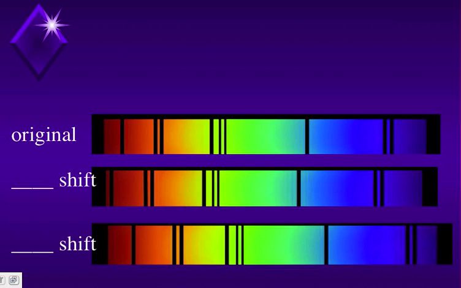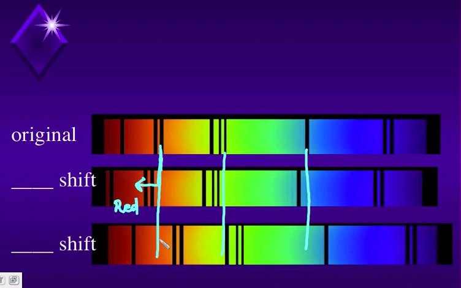Okay, so you have a little challenge there on the bottom. You've got the original spectrum at the top. Do what we did and trace down and see if you can determine which direction these stars are moving based on their shift. Again, here, this top one, we can see from normal, they've shifted towards the left, which in this case is the red end of the spectrum.